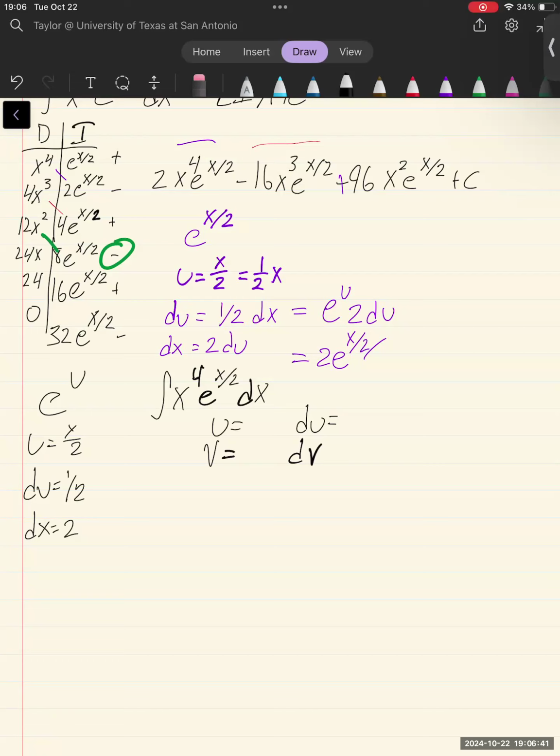So to start, I'm going to have x to the fourth, just like our chart, making this 4x cubed. And then we've got e to the x over 2, so the integral becomes 2e to the x over 2. And then again, the formula is uv minus the integral of v du.